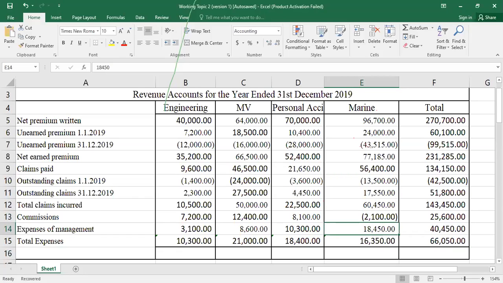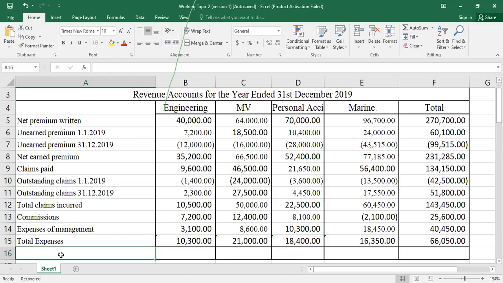So those are the items of the revenue account for the year ended 31st December 2019. Whatever we are going to get down here will be either the profit or the loss, right? So this will be our balance of underwriting, and it is a profit or a loss. If it is a negative figure, it will be a loss.